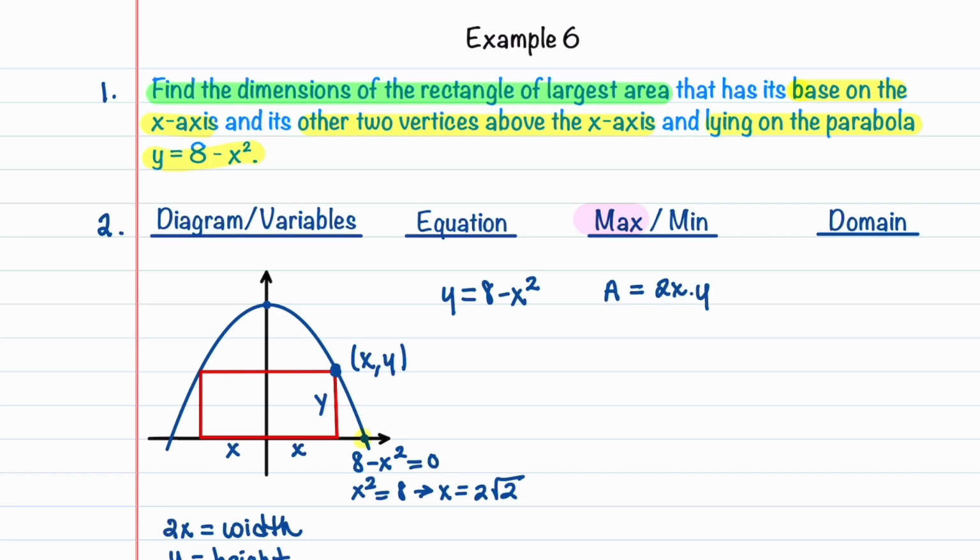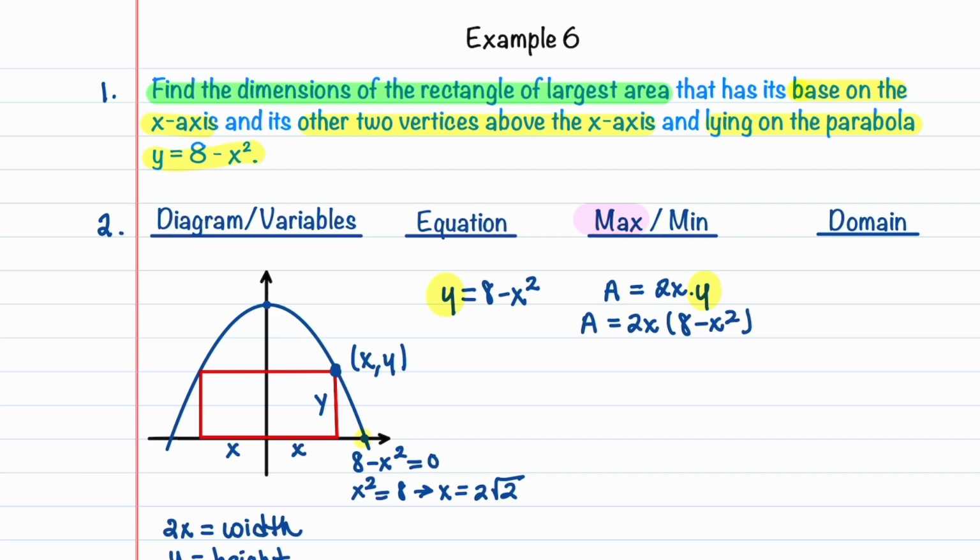Now what we want to do is put our area in terms of just one variable. So we're going to let this y equal that y. This gives us A is equal to 2x times 8 minus x squared.